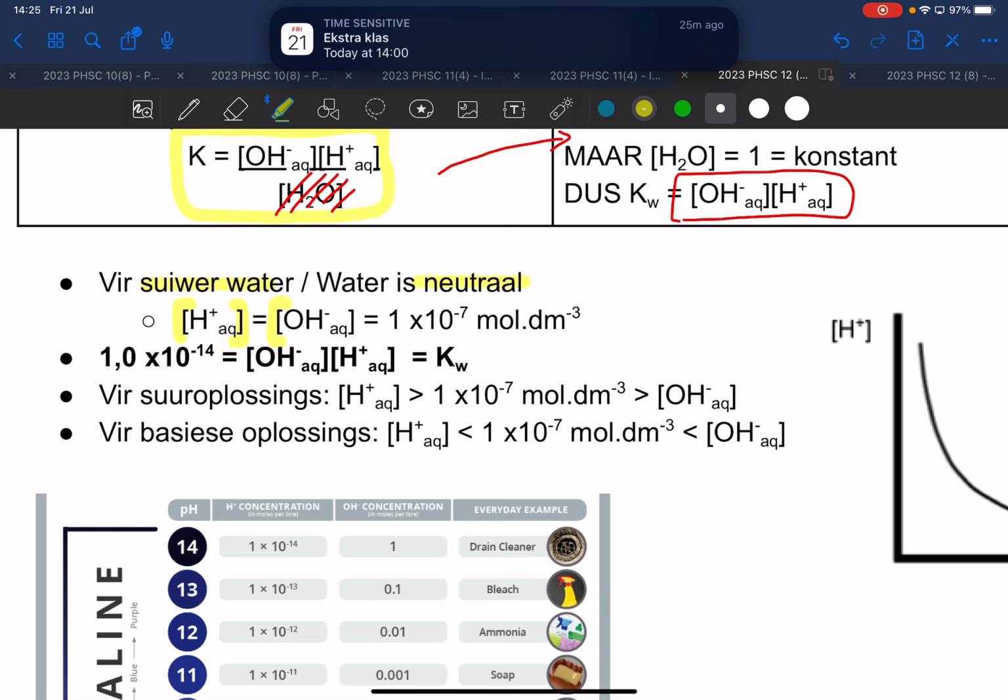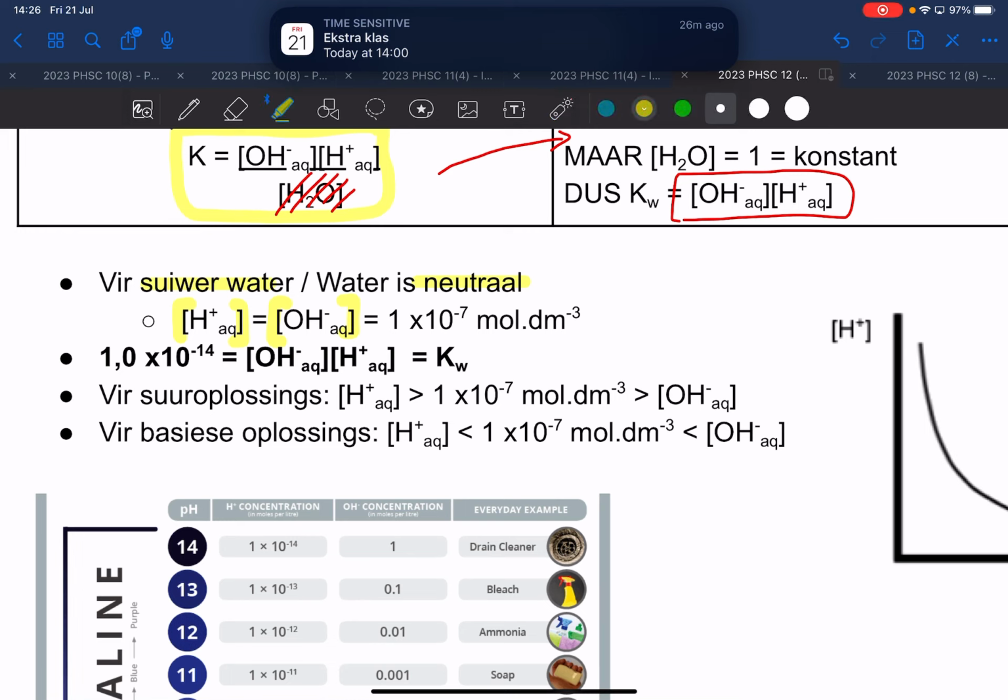The concentration of the acid particles and the concentration of the base particles must be equal to each other. Okay, if you have more acid particles, then your water will be acidic. If you have more base particles, your water will be basic. So as jy neutrale water het, then these two must be the same. And then, with a lot of experiments, they got the concentration to be 1 times 10 to the power -7. Dit is as dit neutraal is. If it's neutral, then those two concentrations will be equal.